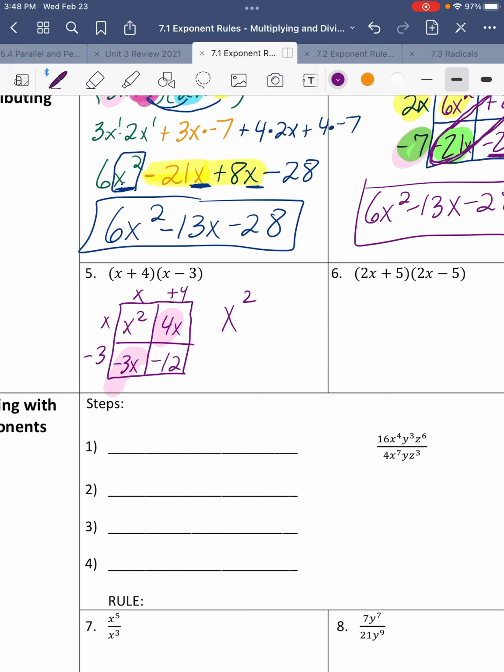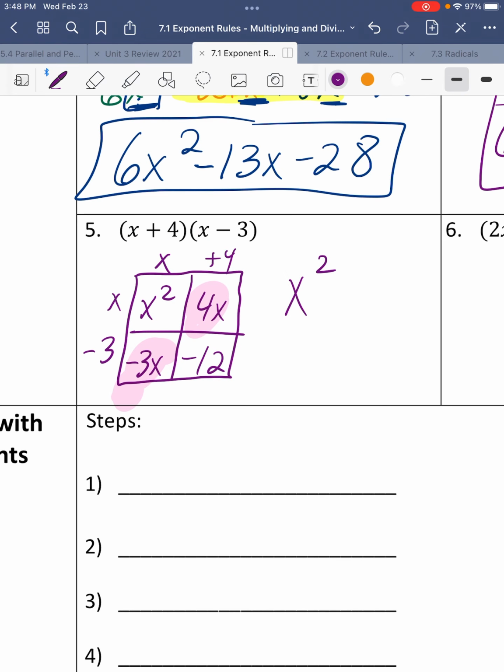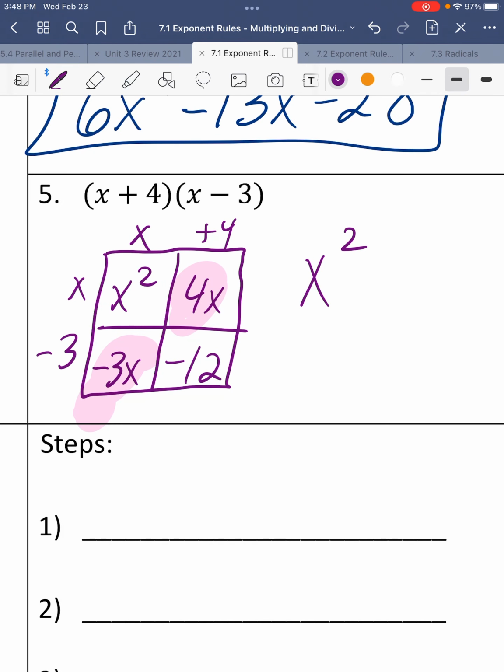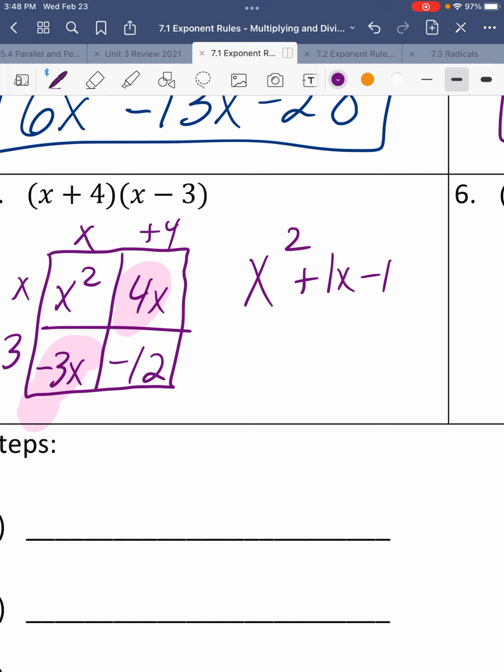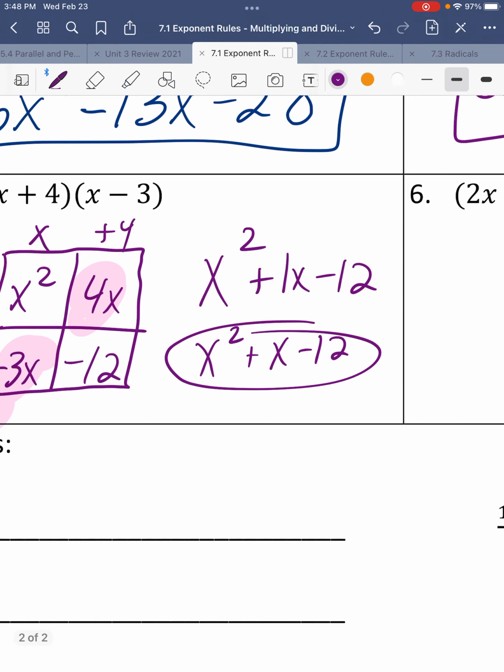Top left is x squared. We have negative 3x, and you're adding 4x. So if I owe someone 3 and I give them their money back, I have 1x left. So it's plus 1x or just x. And then minus 12 in the bottom right. You don't need the 1 there. 1 times x is x. So this would be your best answer.